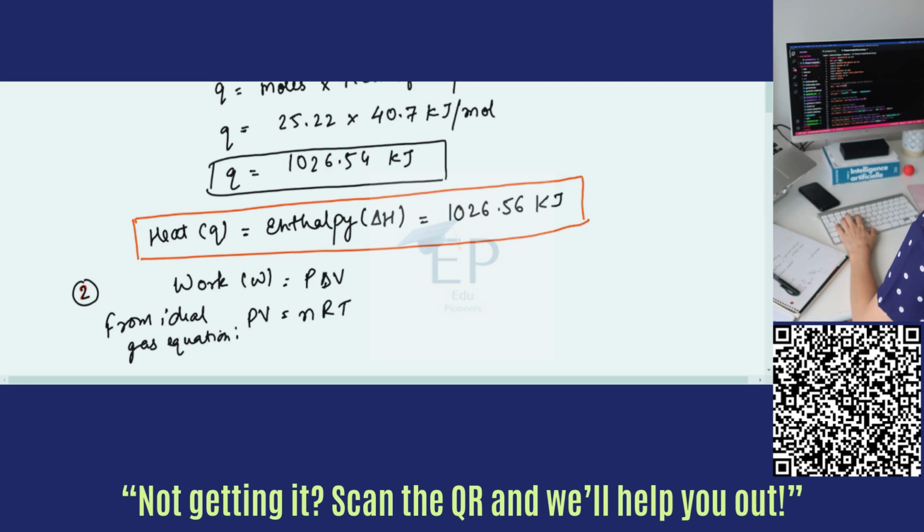Now V, or you can say del V, is given by nRT by P. So here del V equals n is 25.22 into 0.0821 into T, which is 373 K here, right?